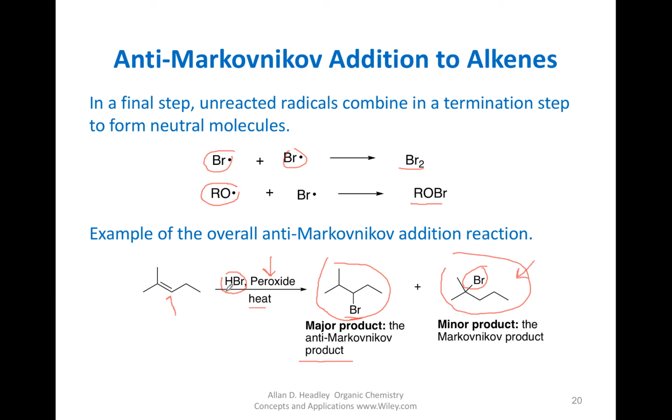If you use HBr in the presence of peroxide and heat, you get this as the major product, or your anti-Markovnikov product. Again, we will take off points if you do not include the complete reaction conditions that are needed to make the desired product.